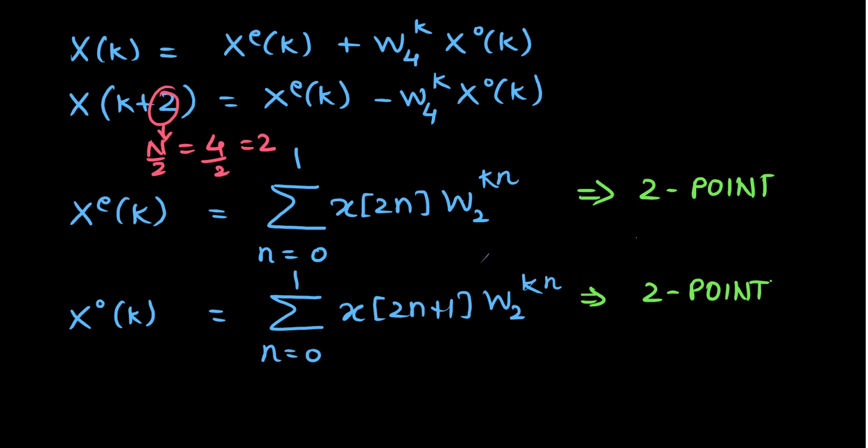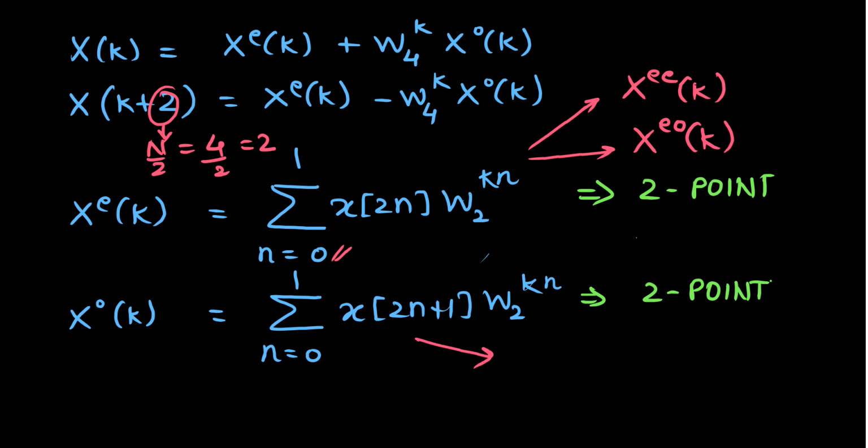So we can split this Xe of k into two parts, just considering the even and odd components for the value of n here, that is X even of k and X odd of k. Similarly, this X odd of k can be split again into two parts, X odd even of k and X odd of k.